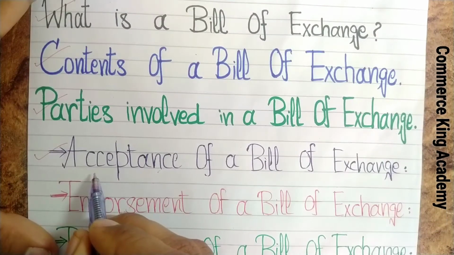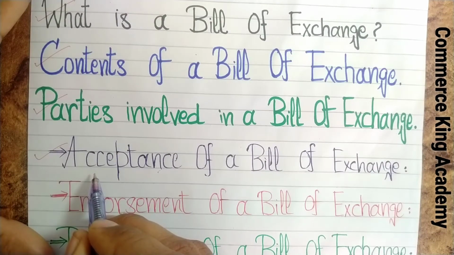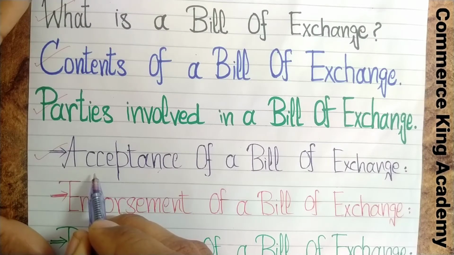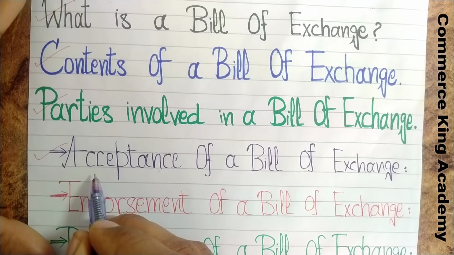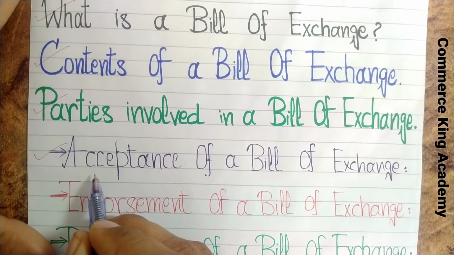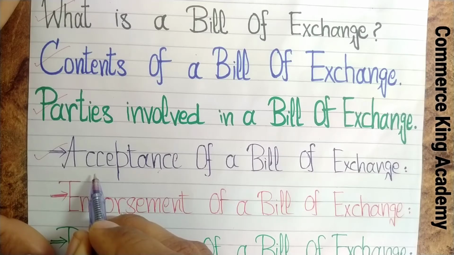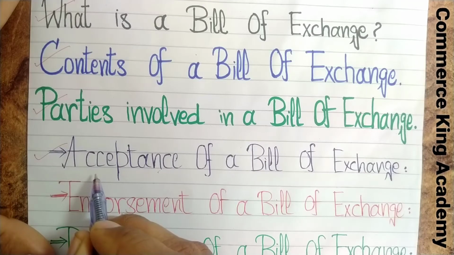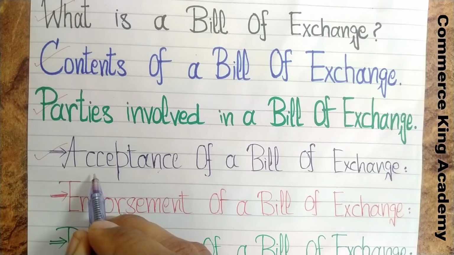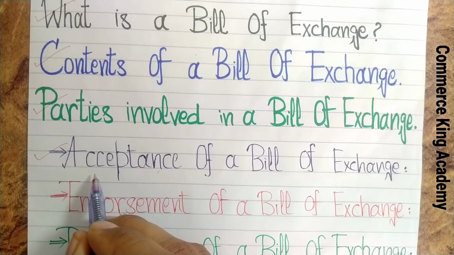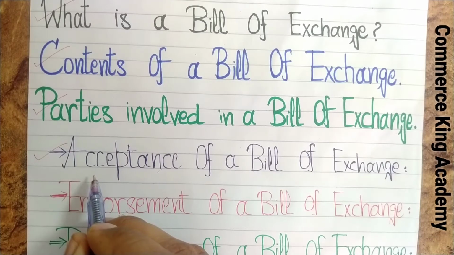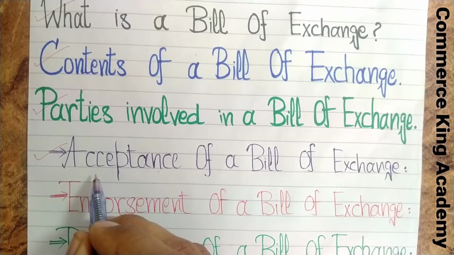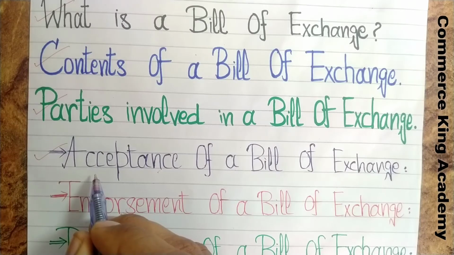After drawing the bill of exchange on the drawee, the first thing the drawer does is present it to the drawee for acceptance. Unless it is accepted, the bill is not valid. Hence proof of acceptance is the major content of a bill of exchange.